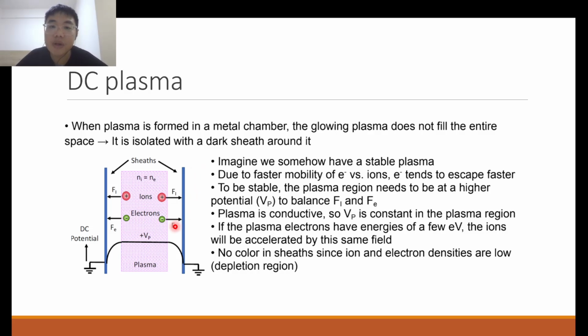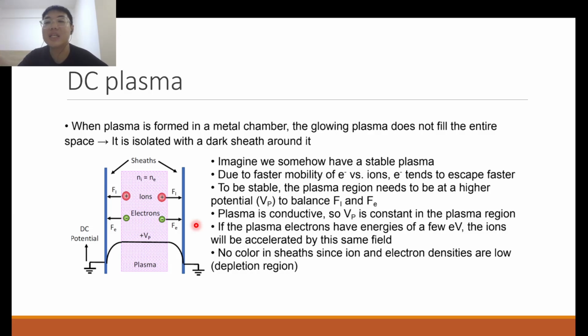Okay, and so in order to maintain the stability of the plasma, the plasma region needs to be at a higher potential so that the ion current and the electron current are able to eventually balance out. Maybe another way to think of it that is more intuitive is that electrons leave the plasma at a higher rate than ions leave the plasma, because the electrons have a much higher speed due to their smaller mass.